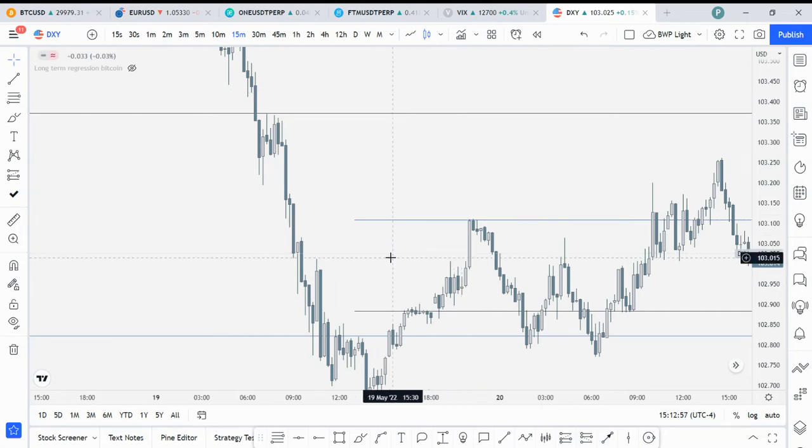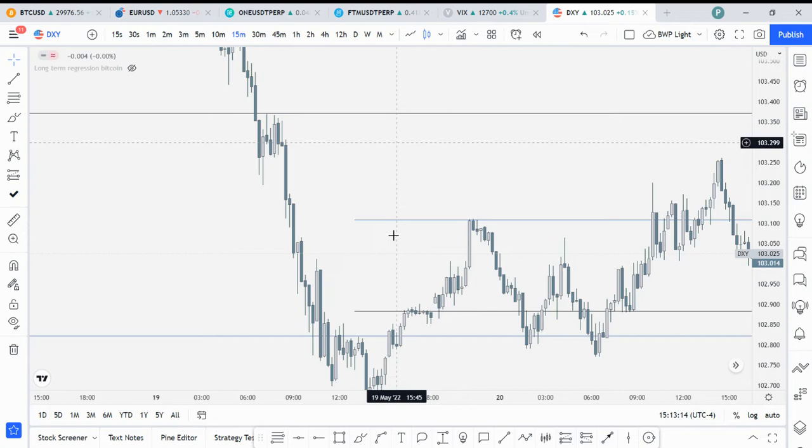Oftentimes you see a lot of traders incorrectly mark out the supply or demand zones. So I'm going to be looking at what supply and demand zones are, how you can map out high probability zones that are more likely to hold, and general things you need to pay attention to.